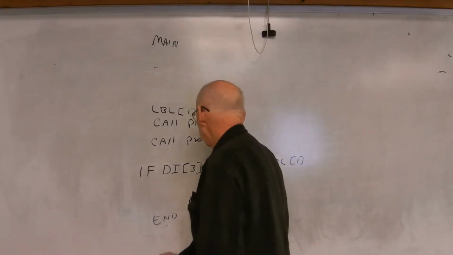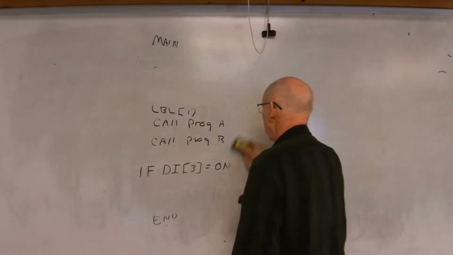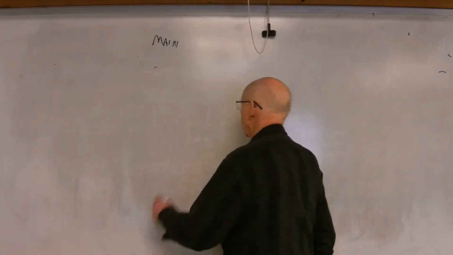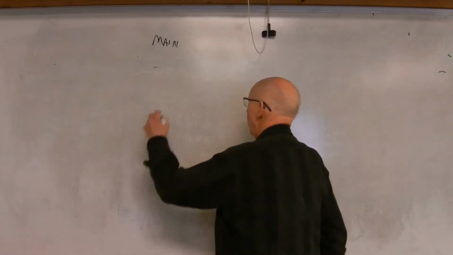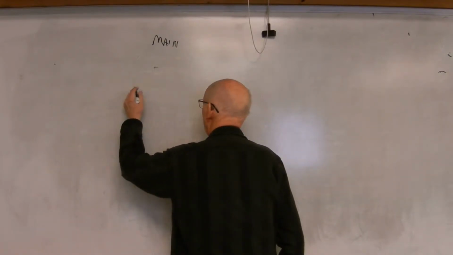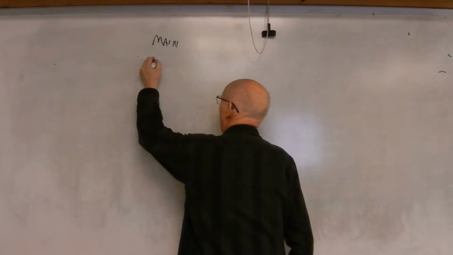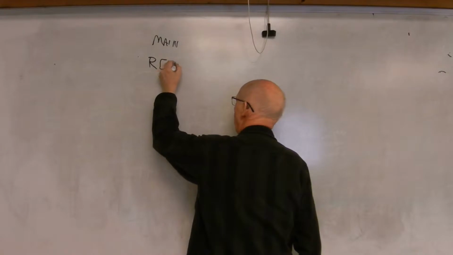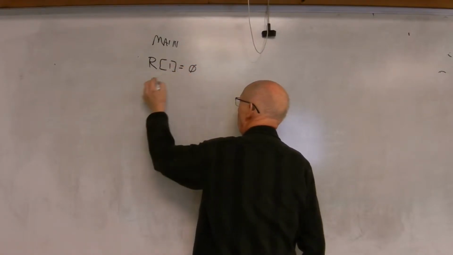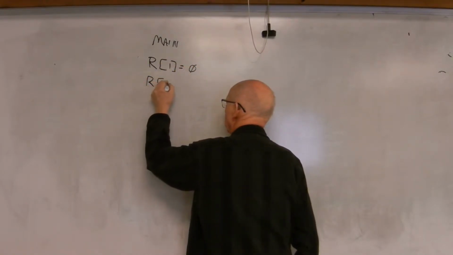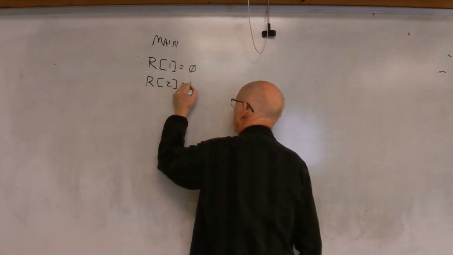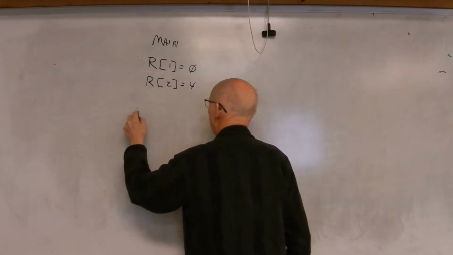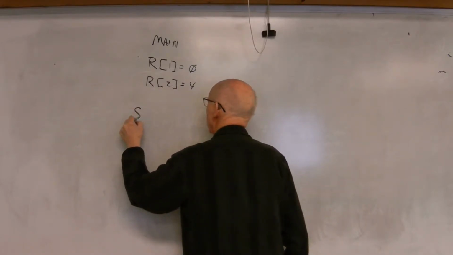Something else we can do, another way of branching, conditional branch, is the select command. Okay, so we could say, we're going back to data registers. Just to put some numbers on them. We can say select.